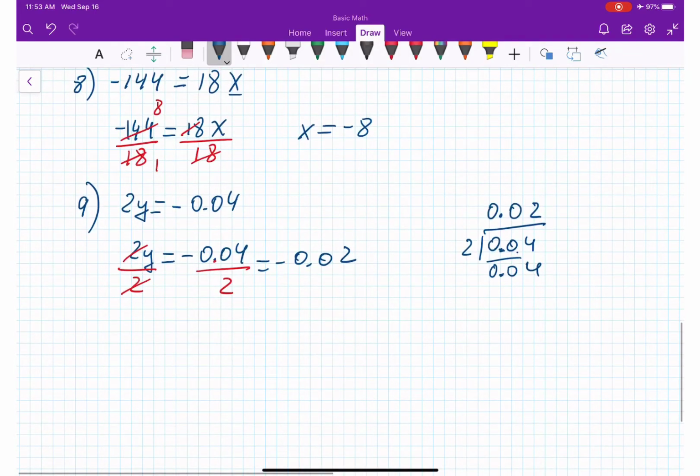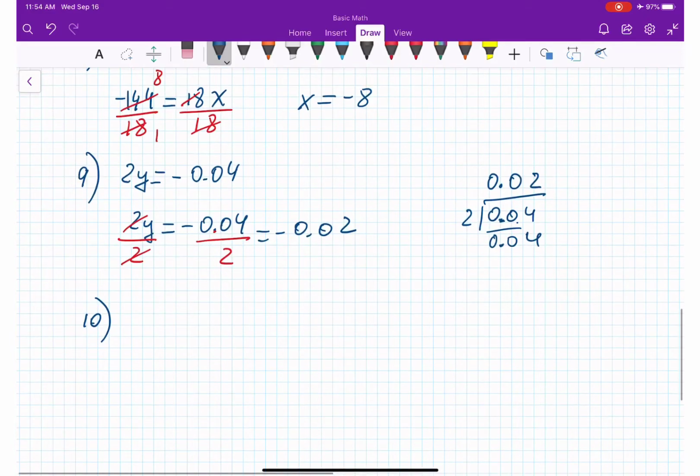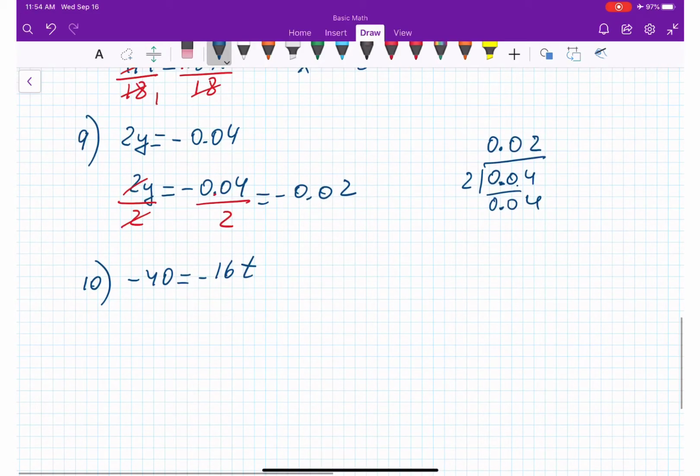Question number 10. Negative 40 equal negative 16t. Okay, negative 40 equal negative 16t, and I am dividing by negative 16 because the coefficient is negative 16. We are not interested in negative t. We never solve any equation for negative x. We always get positive x, yes? So I'm dividing by negative 16.